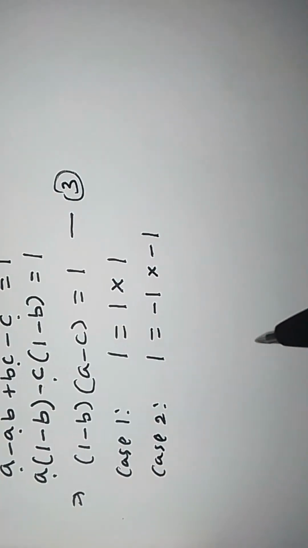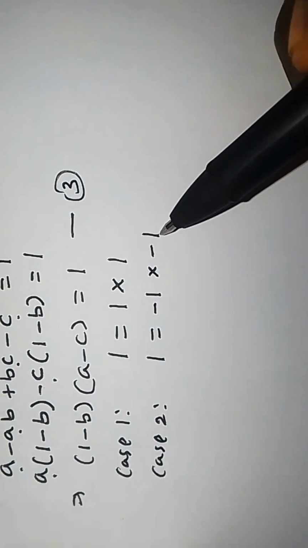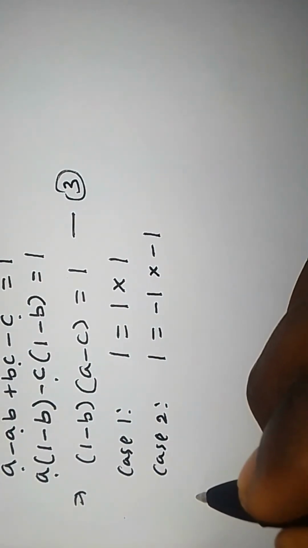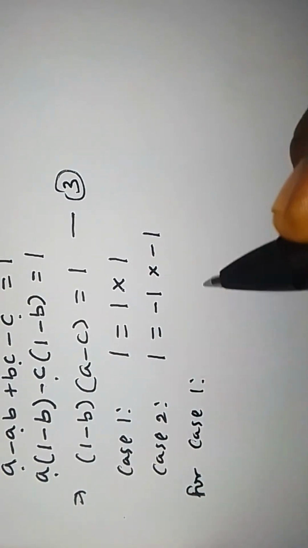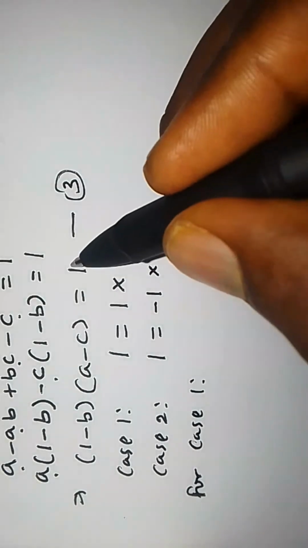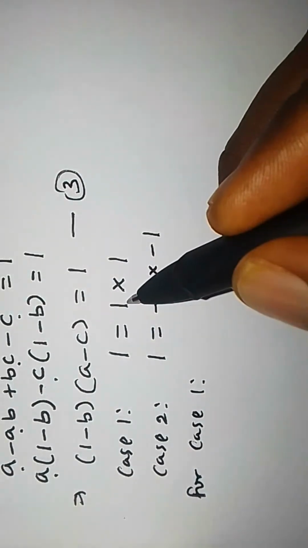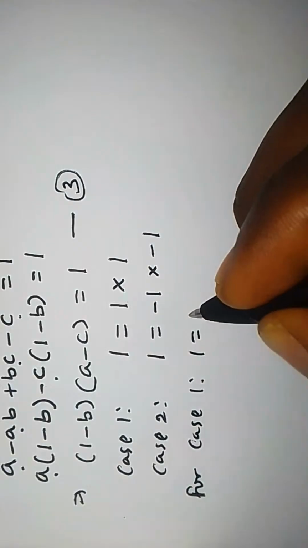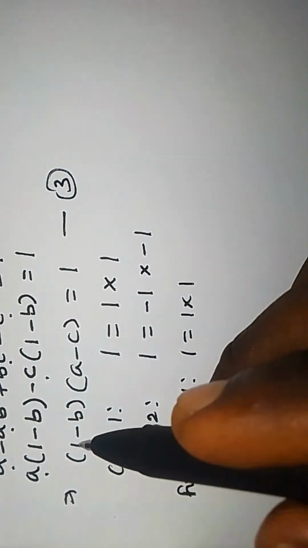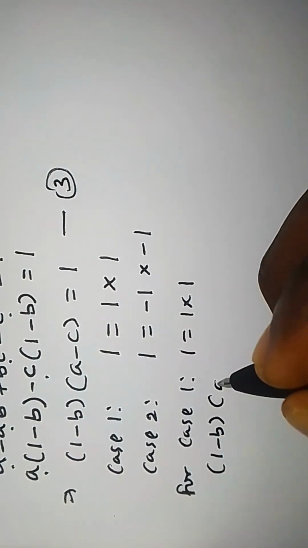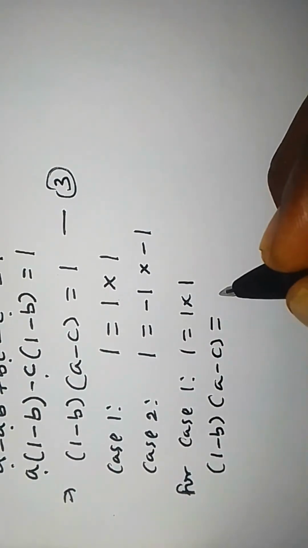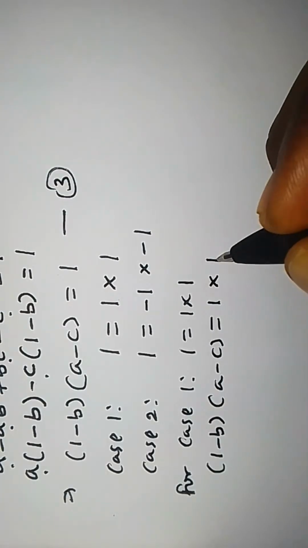What we have to do now is to consider each of these cases. So for case 1, we are going to replace this particular 1 with 1 times 1. From here we have (1 minus B) times (A minus C) equals 1 times 1.